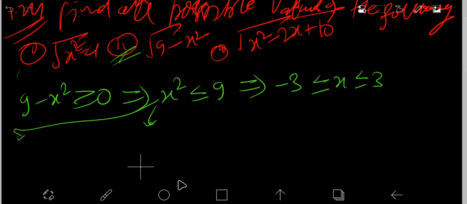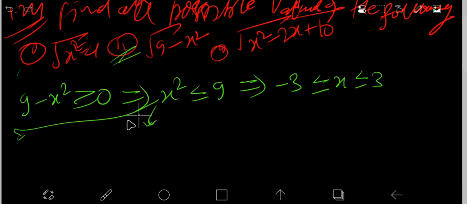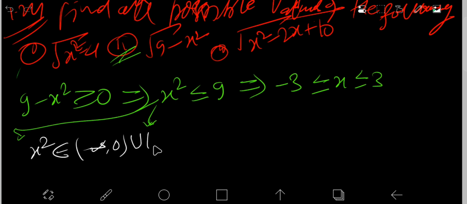From here we can write this type. Yeah, from here we get on this condition x square is less than 9, no? So we write this type, minus infinity to 0 open interval and union, we write closed interval 0 to 9 closed interval. Yes, this one is your first statement.